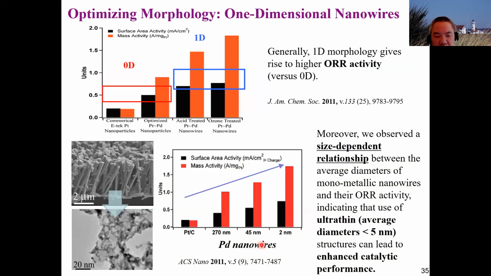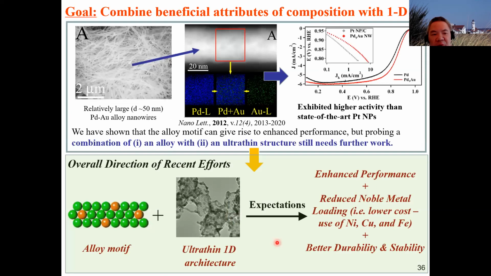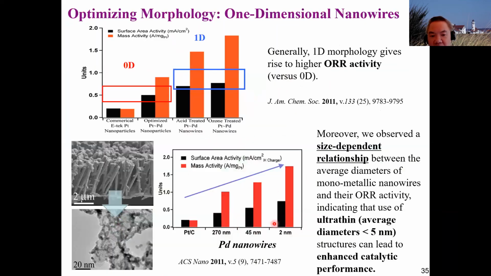All right. So what my group does fundamentally, first and foremost, is that we're going to take, say, some of these platinum gold nanowires. We're going to tune the chemical composition of these wires, and at the same time, make them really small and make them into wires. Because we know that the 2 nanometer wires behave really prominently compared to, say, some of the larger wires, and the 1D structures behave better than the 0D particles.